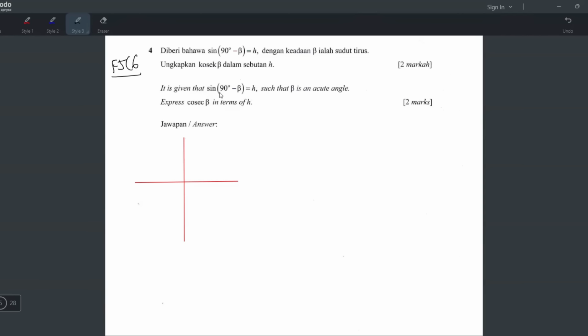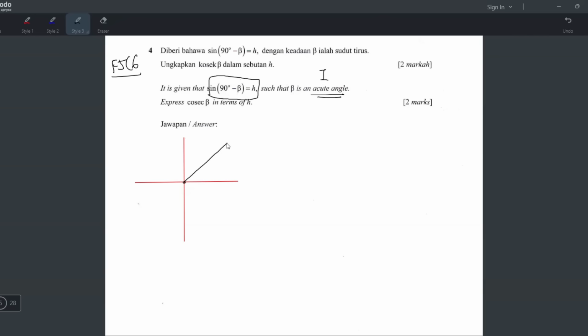Alright, first of all, they say sine 90 minus beta equals h, such that beta is an acute angle. So this gives it away already. It's quadrant 1. So you have to draw in quadrant 1. This is beta. Beta is an acute angle. This one is not 90 minus beta, this one is 90 minus beta. So what you have to do?